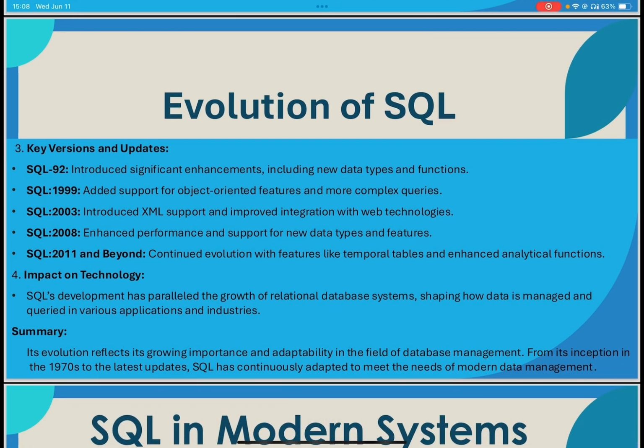Whatever query you have given, it will break down into different chunks, and then it goes into the database optimizer, which figures out the fastest way to get the data. So you give a query and it works out the fastest way to get the data.